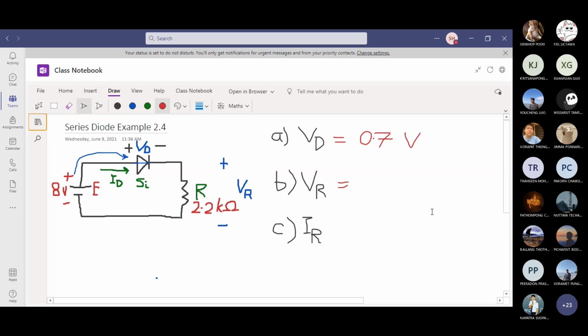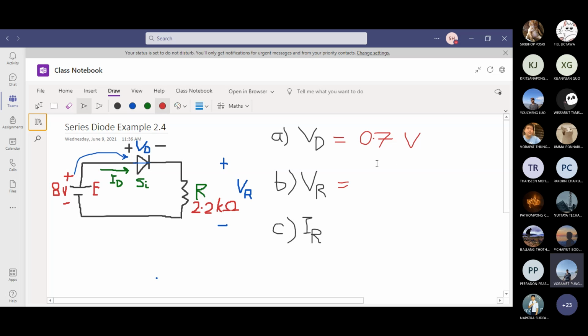According to Kirchhoff's voltage law, what is VR then? Michelle? Can you find VR? No. No? Anyone else want to help Michelle? What is VR?